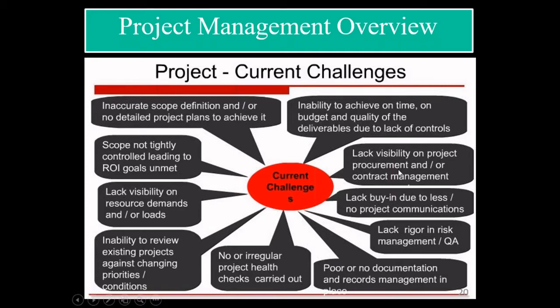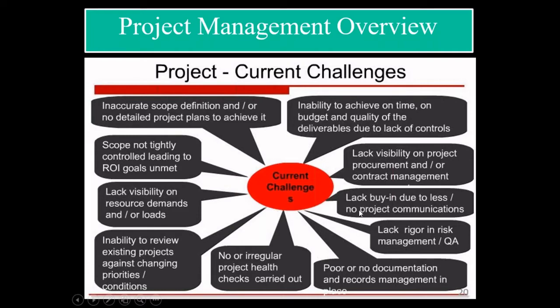There is also lack of visibility on project procurement and contract management. What is project procurement? Let's say you are constructing a building, you need to have machines and materials on time. If they do not come to the site on time, that is a procurement problem. So if project procurement is not coming on time, the project will be delayed and the cost of the project will increase.